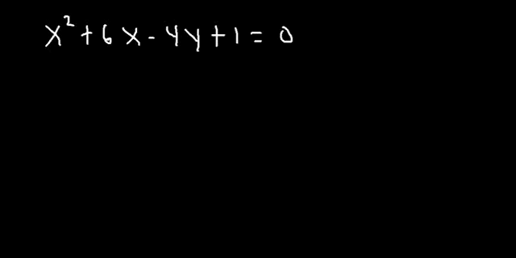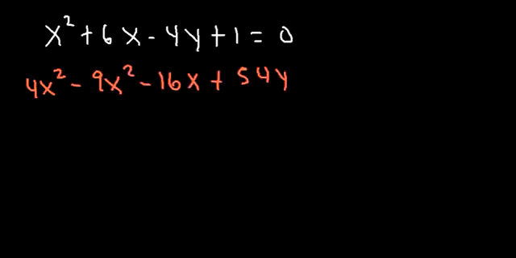So now let's say you're given these 4 equations. X squared plus 6x minus 4y plus 1 is equal to 0. And 4x squared minus 9y squared minus 16x plus 54y, let's say that's equal to 0 as well.